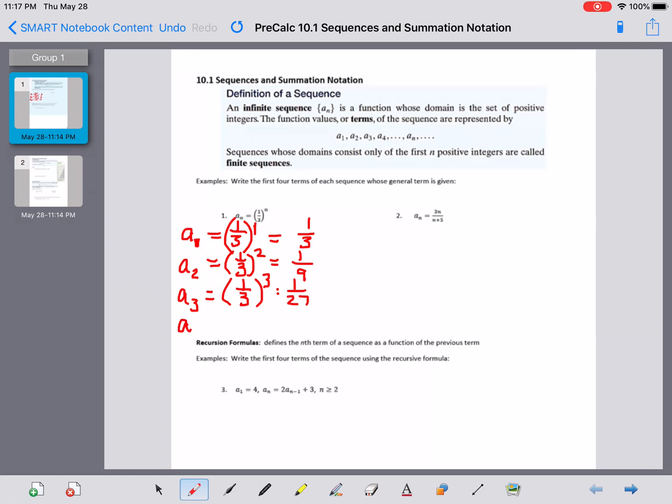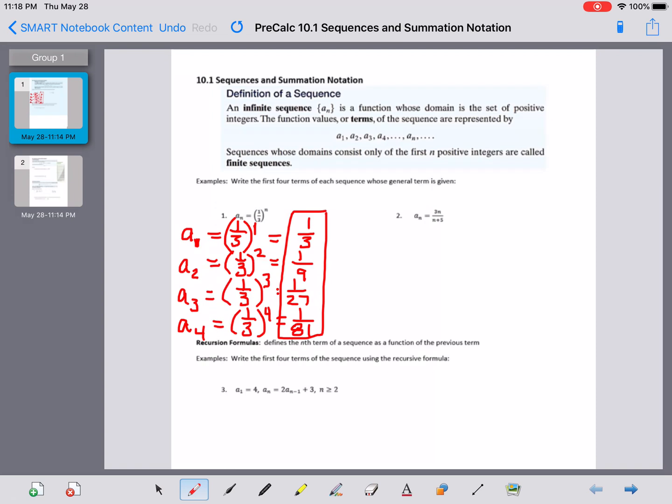And I'm going to the fourth term, so a sub 4 would be my last term I'm finding in this finite sequence. And I have 1/3 to the fourth power. So 1 to the fourth power is still 1, and 3 to the fourth power is 3 times 3 times 3 times 3, which will be 81. So my answer here, the first four terms, are these four fractions right here, 1/3, 1/9, 1/27, and 1/81.